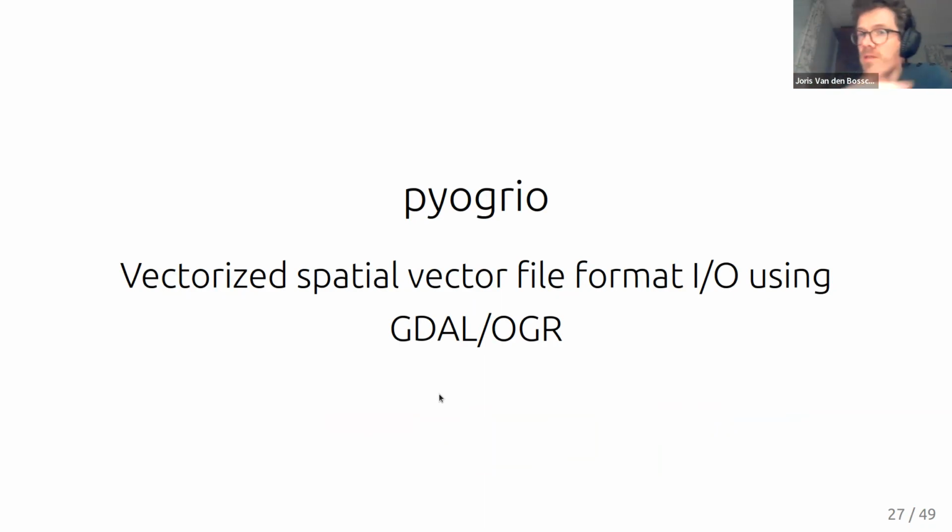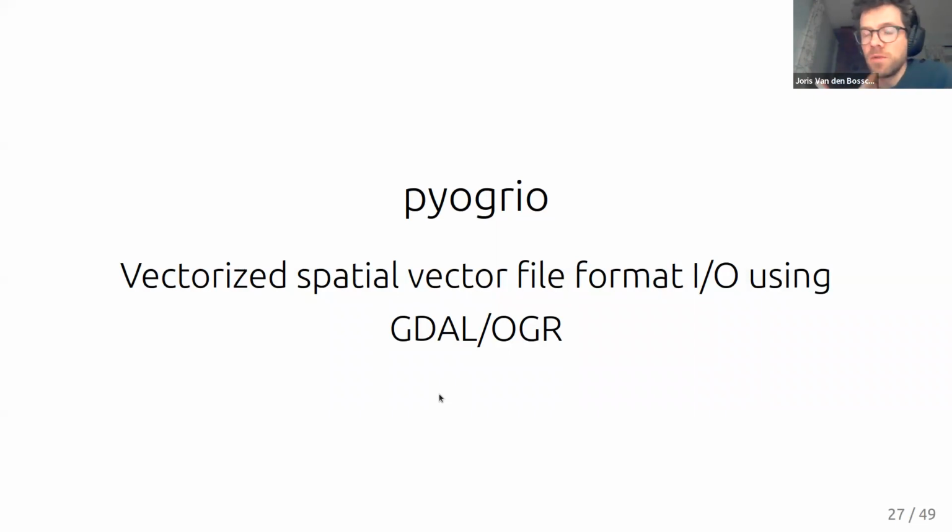But it's a similar story as with Shapely. Fiona provides a nice interface, but it's also focused on an iterative interface where you get one row at a time on the Python level, where for the purpose of GeoPandas, we want to read a whole file at once into a table.